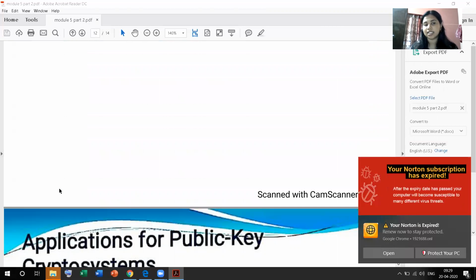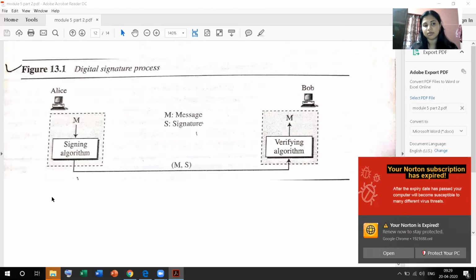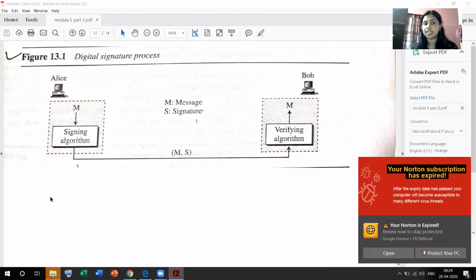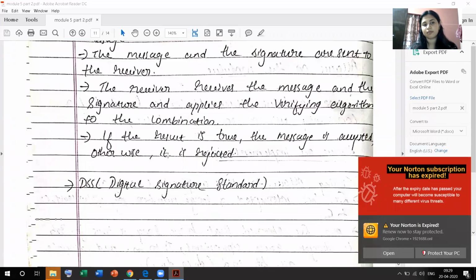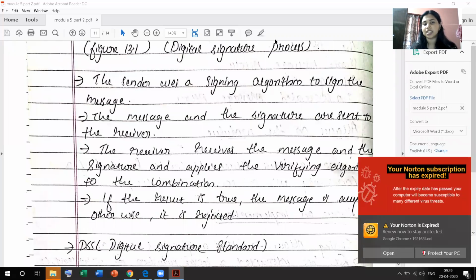What is a digital signature? This is the figure of the digital signature process. Here M is the message, S is the signature, with a signing process and a verifying algorithm. The sender uses a signing algorithm to sign the message. The message and the signature, that is M and S, are sent to the receiver.